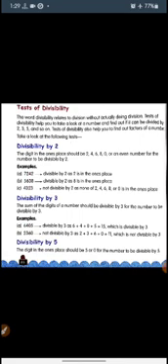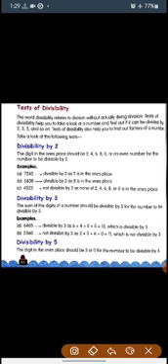Let's come to the next divisibility rule, which is of 3. So in 3, what you have to do is sum the digits of the number to find the divisibility by 3. Suppose the number 2103 is given.